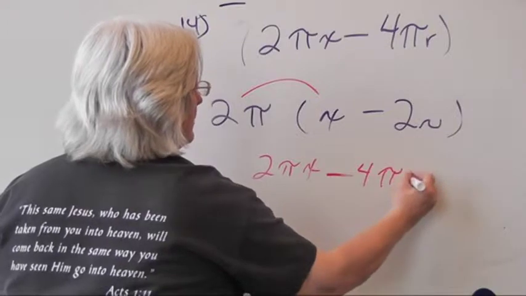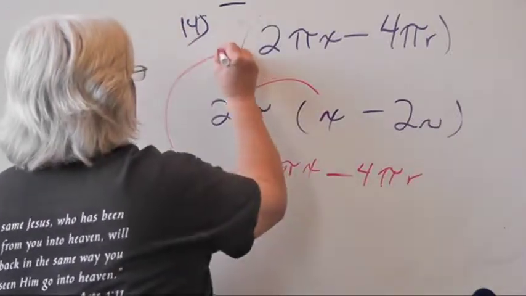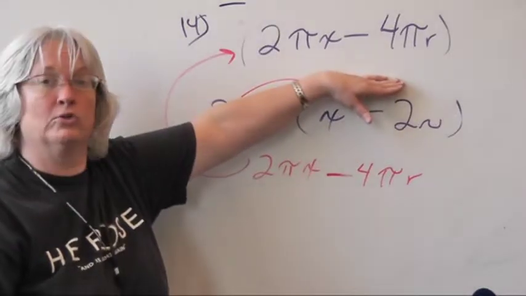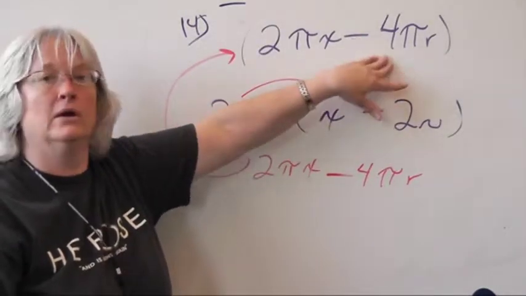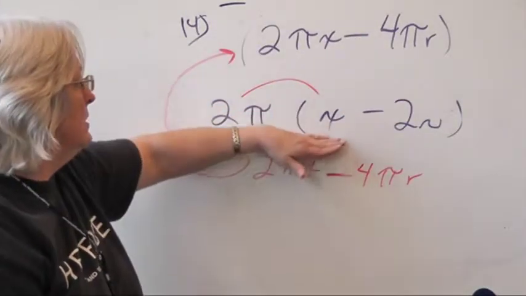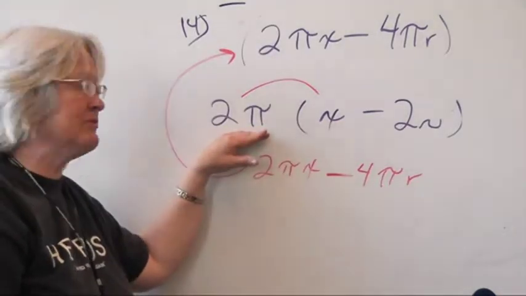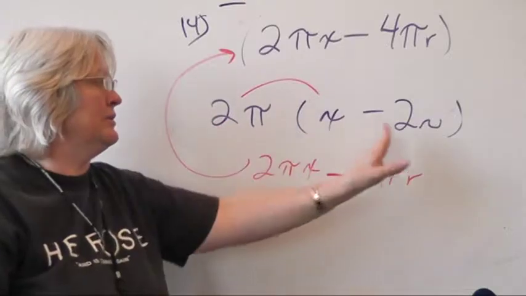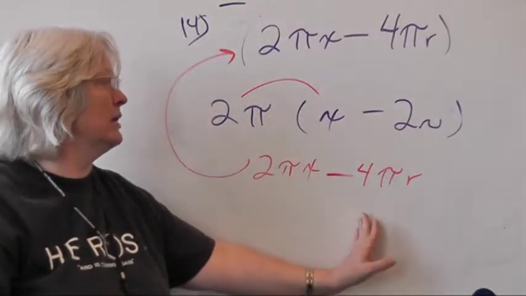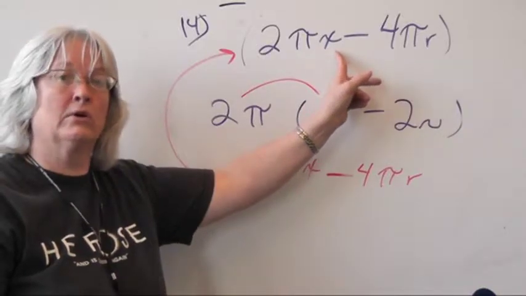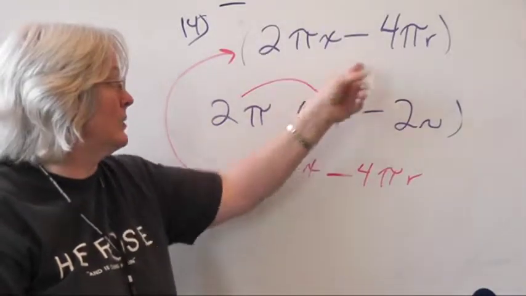Nothing else you can do with those. You began with this product here, 2 pi x minus 4 pi r. You factored it by pulling out the greatest common factor. Then we multiplied those two factors back together to verify that we could return to the original problem that we had.